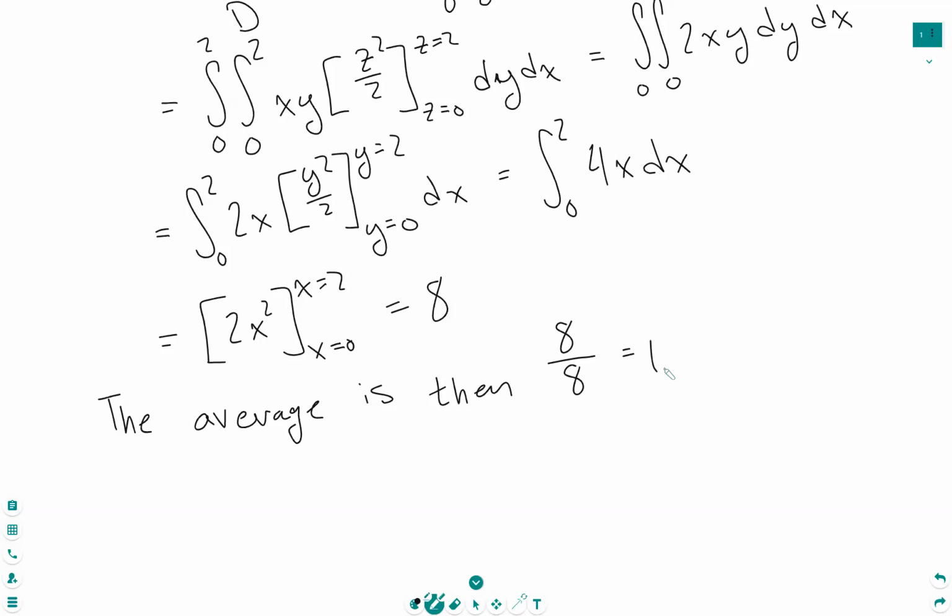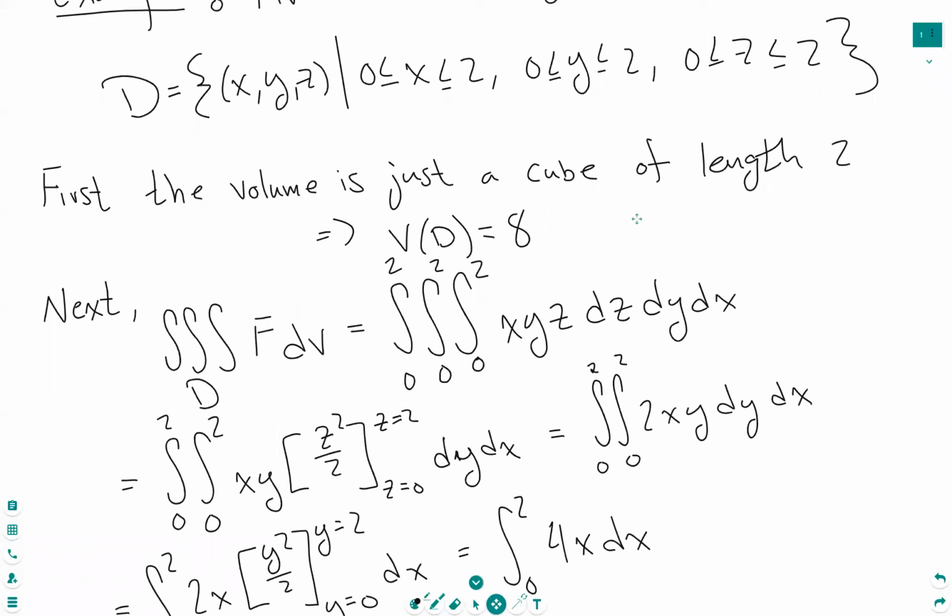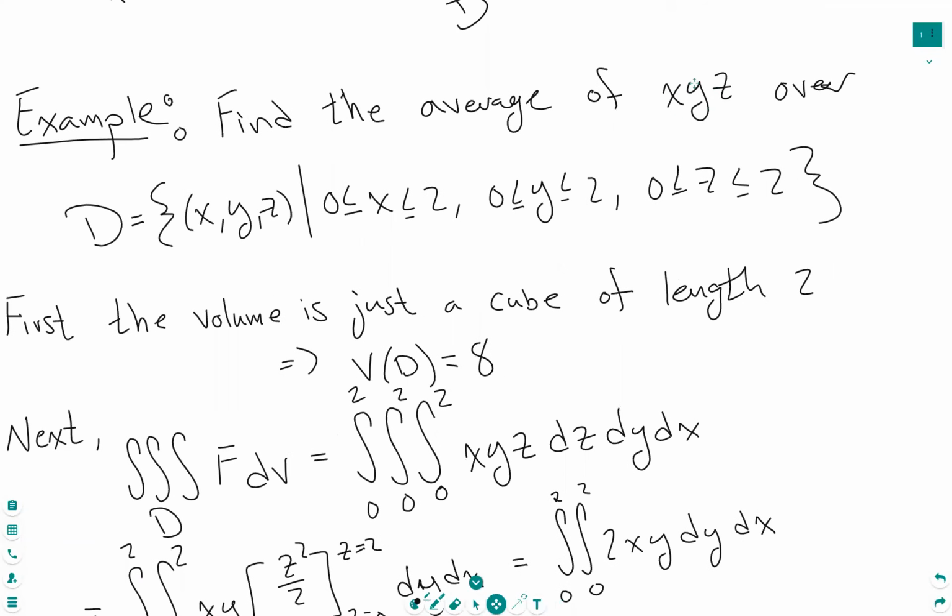Let's think about this. x, y, z doesn't necessarily need to be positive, but here it is in the interval from 0 to 2, 0 to 2, 0 to 2. So you've convinced me that this product at least is non-negative, right?